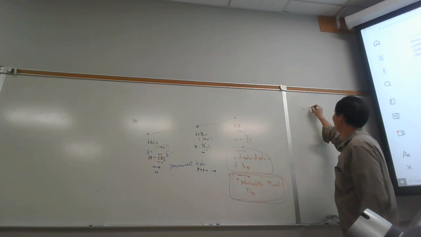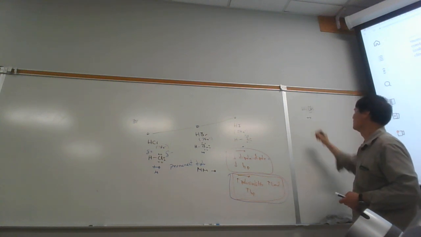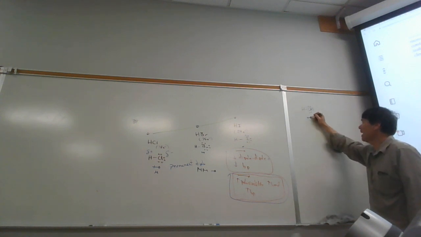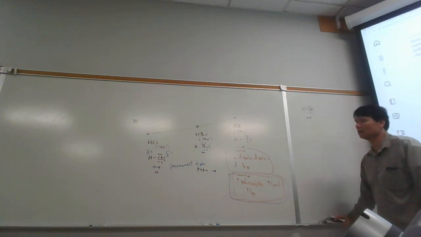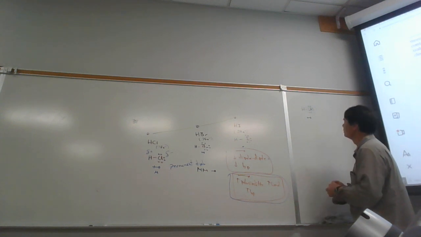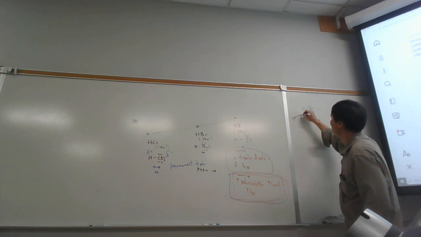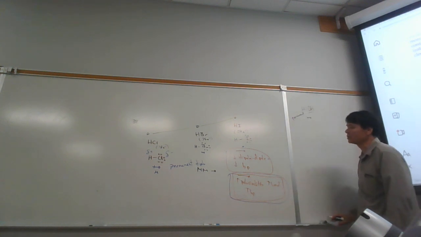When we look at HCl, we look at two things. We look at its permanent dipole. The permanent dipole is fixed on this. And then we look at its instantaneous dipole. Its instantaneous dipole is going to be based on having 18 electrons. And so this is the permanent dipole, the time average.